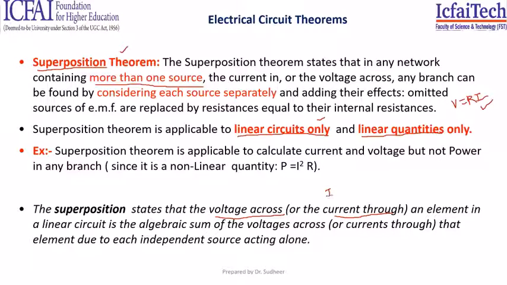Then I consider only the second voltage source present in the circuit and calculate I double dash. In the third case, I consider only the third voltage source and find I triple dash. Then I can say the total current flowing in that element when three sources are present is I dash plus I double dash plus I triple dash.